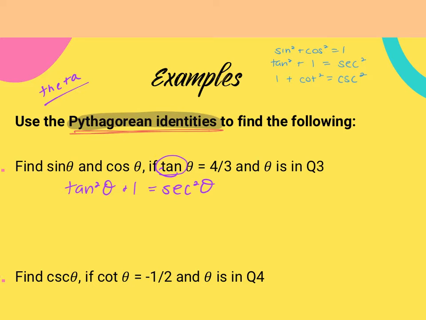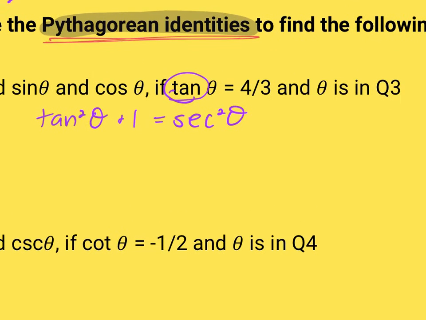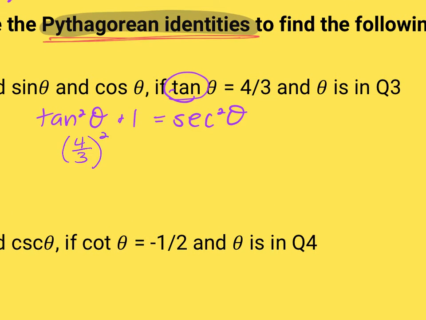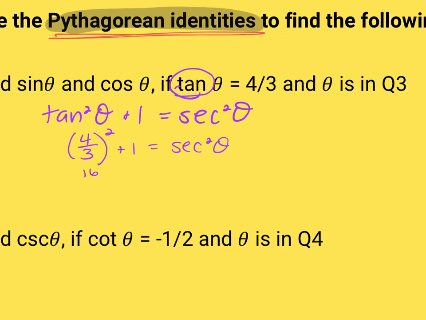All right, so the only one I'm given is tangent, so I'm going to grab that one, right? Now, the tangent of theta is 4/3, which means tangent of theta squared would be 4/3 squared. So I'm substituting that in. That plus 1 equals secant squared. So what's 4/3 squared? 16/9.